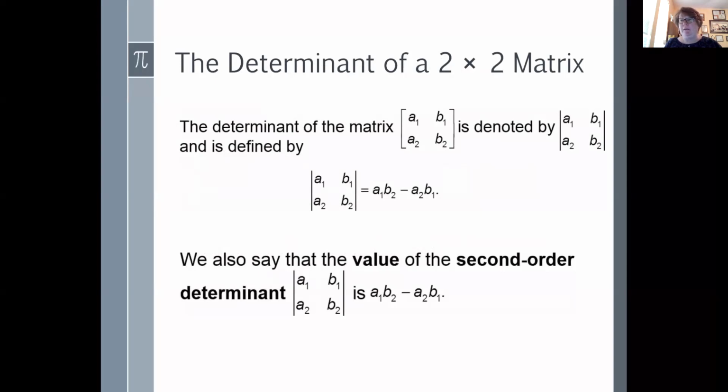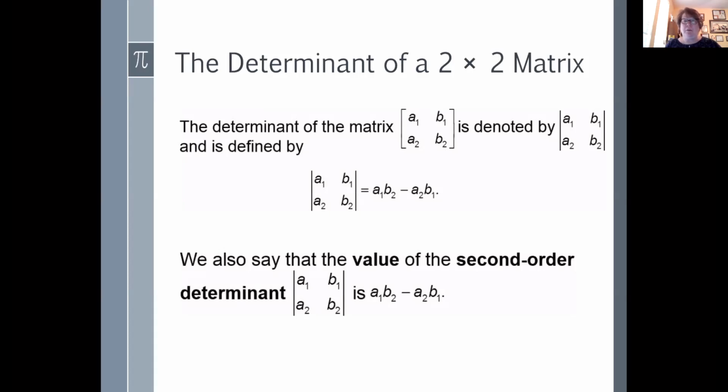The determinant of this matrix is denoted by that array of values, but with straight bars around those values, not brackets. So when you see brackets, that's a matrix. When you see straight bars, that means determinant, and it's just a number.